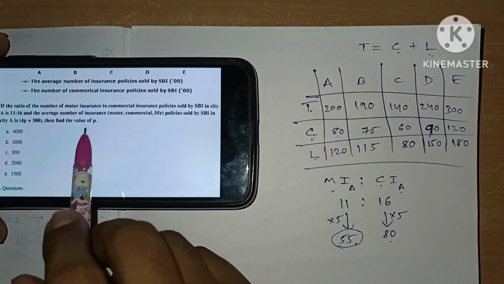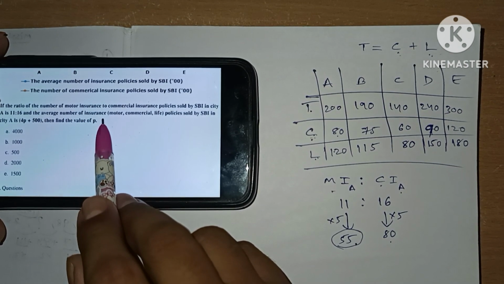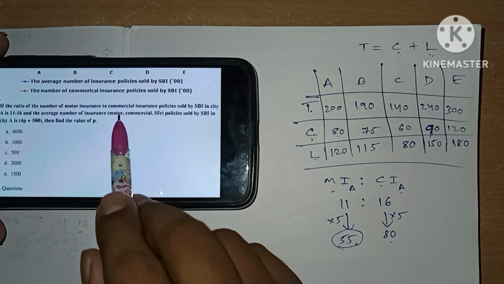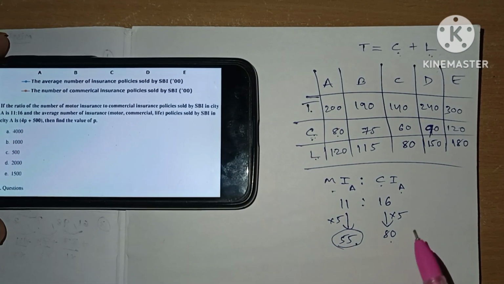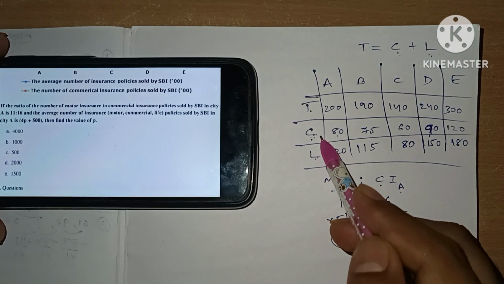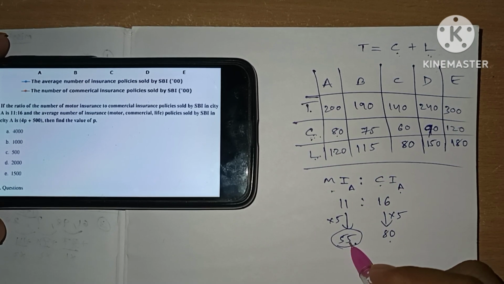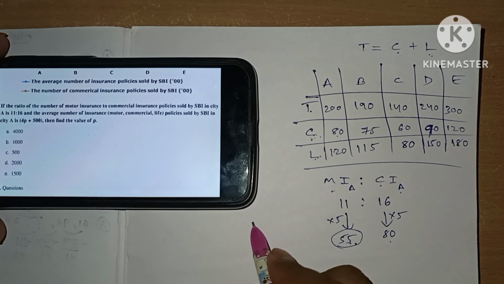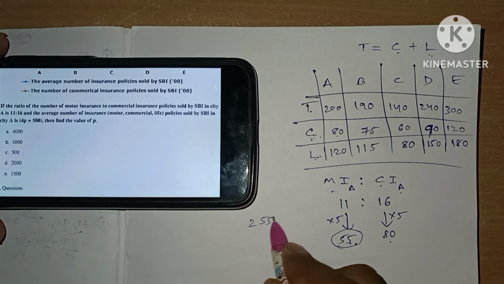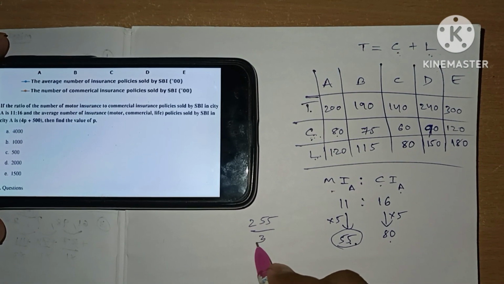Next, it is given that the average number of insurance policies, meaning motor, commercial plus life policies, in city A. The commercial plus life total will be 200, plus motor insurance 55, total 255, and it is talking about the average. Average means divided by 3, and these are in hundreds.